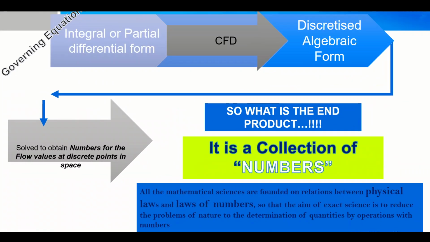Now the governing equations we have are present in integral or partial differential form, and there is a kind of property we can say for these equations. They are highly coupled. That means they have to be solved together, and they are non-linear, so we cannot solve them directly as well.